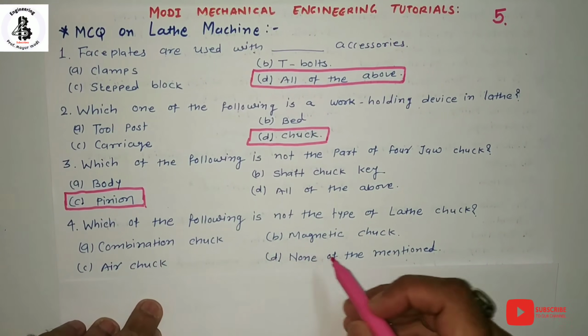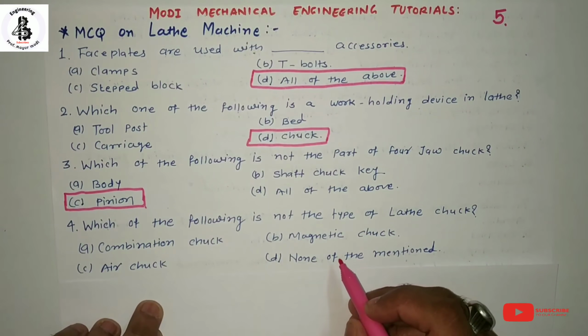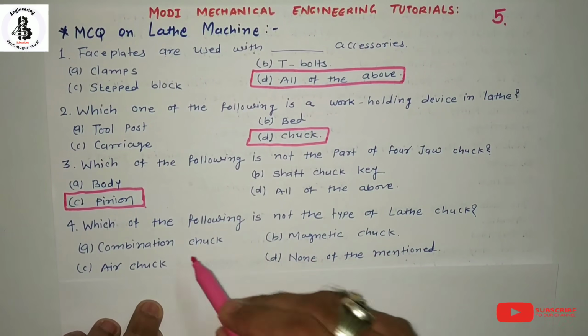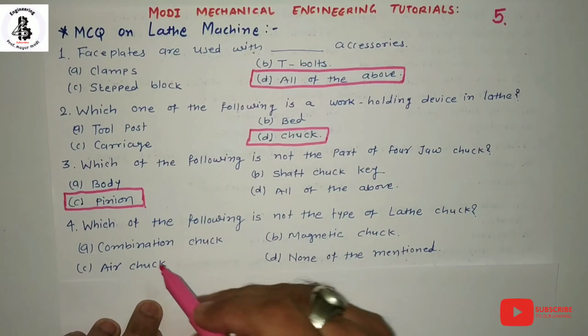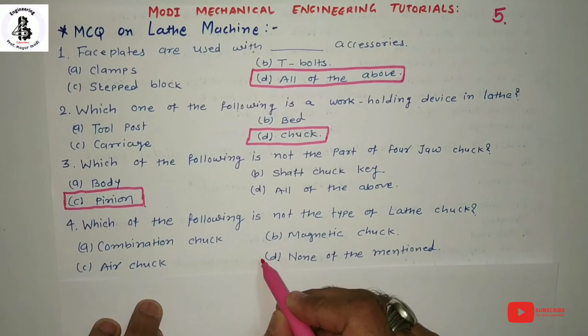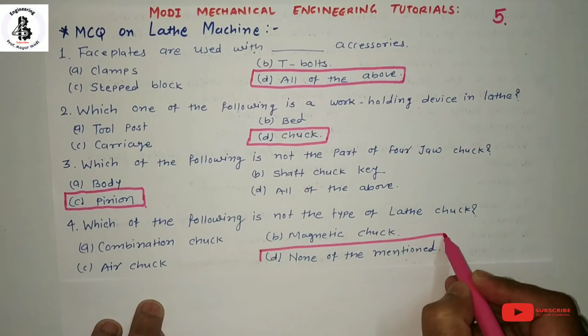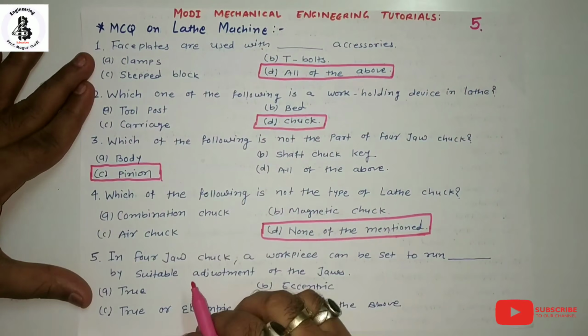So A, B and C are types of lathe chucks. Therefore, the answer is none of the mentioned.